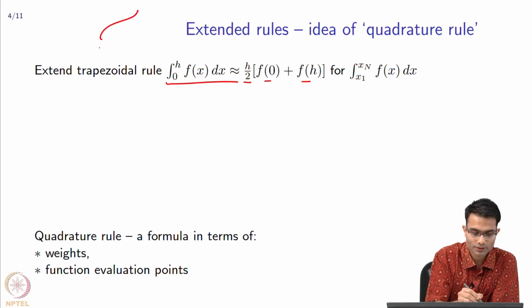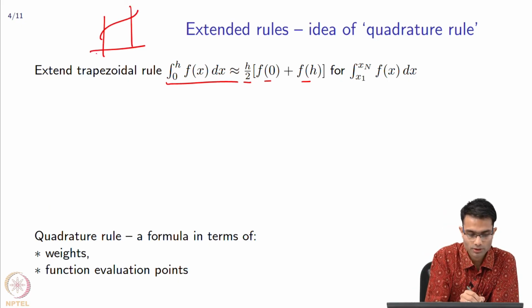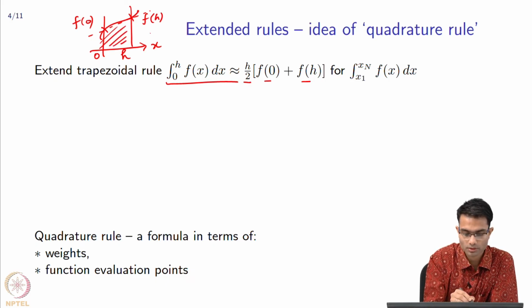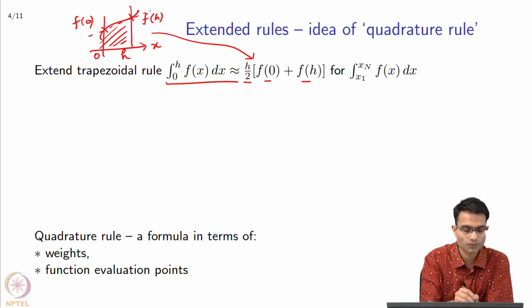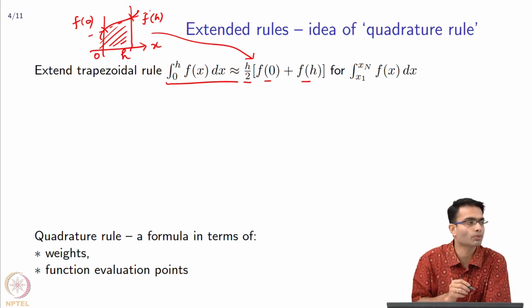This was my function over here, this is 0 and h, and this is my f of 0 and f of h. What this approximation is doing is putting a straight line like this and telling you the area over here. But this was for one interval only, from 0 to h.